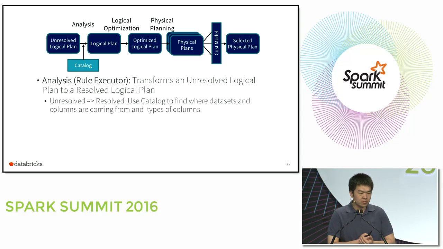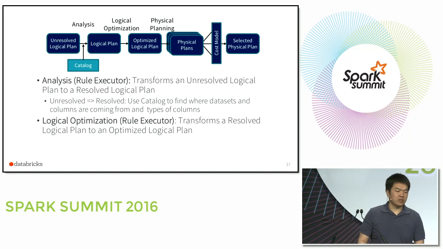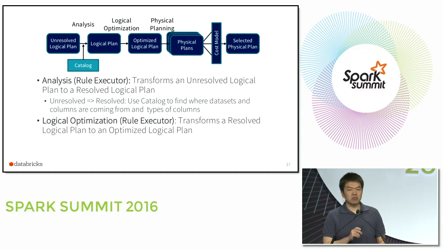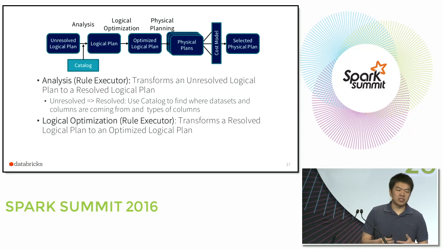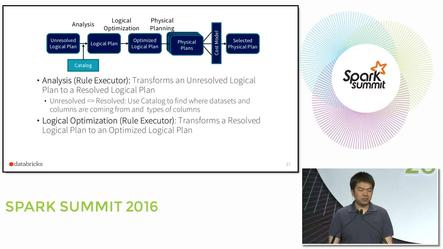types. After the analysis, the next step is logical optimization, which is also implemented using the rule executor. It applies a bunch of optimization rules to convert the tree from a resolved logical plan to an optimized version.